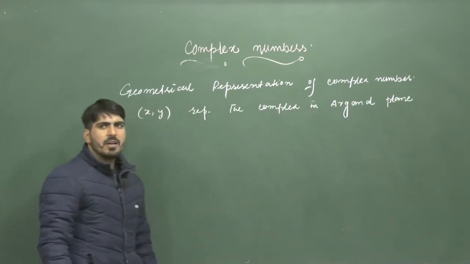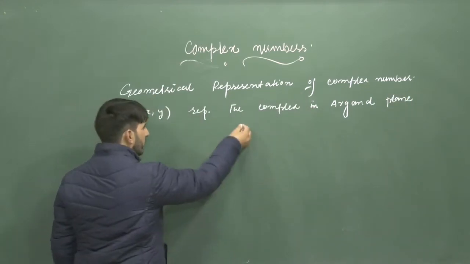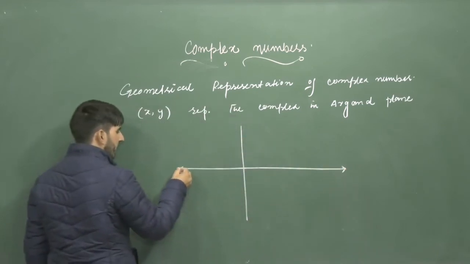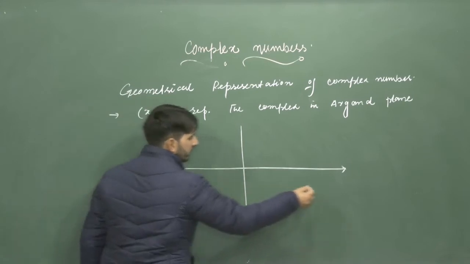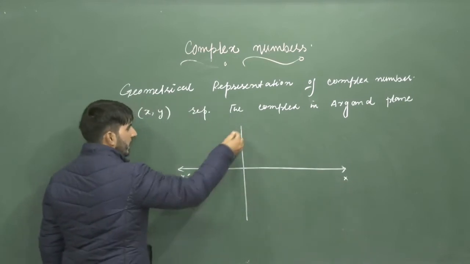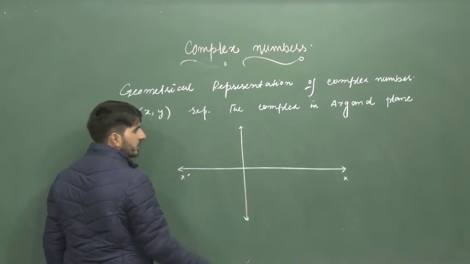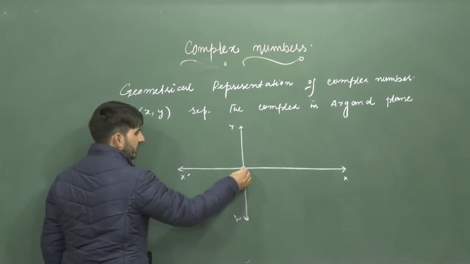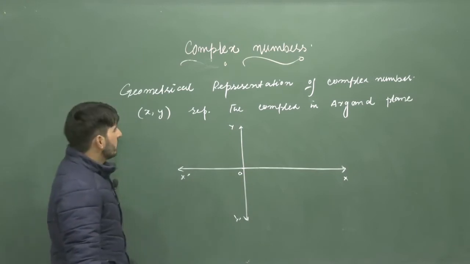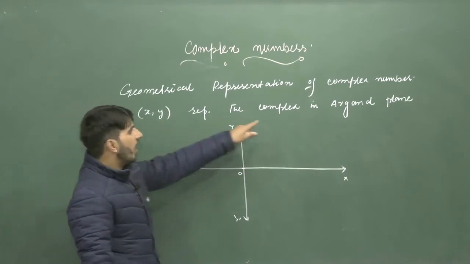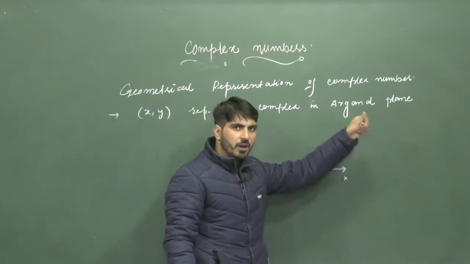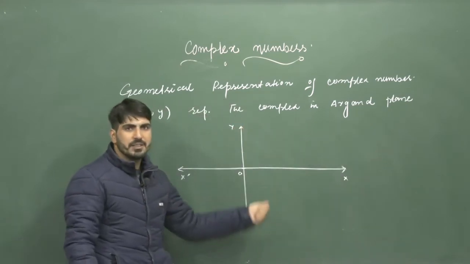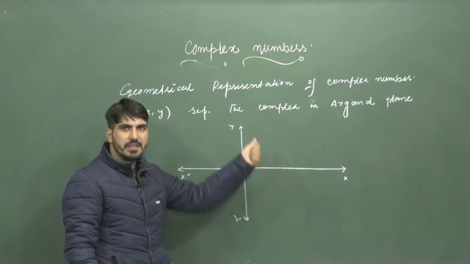This is the same as the Cartesian plane. In the Argand plane, the real numbers are taken along the x-axis, and the imaginary numbers are taken along the y-axis, and this is the origin. So for every ordered pair in the Argand plane, remember that the y-axis represents the imaginary line. This is the imaginary line.